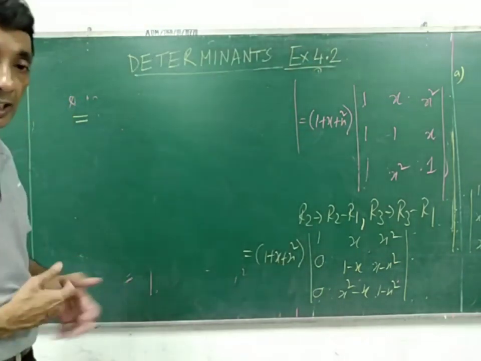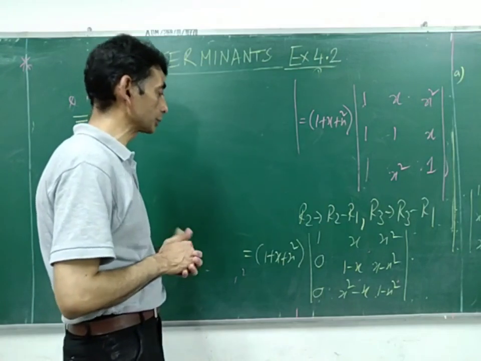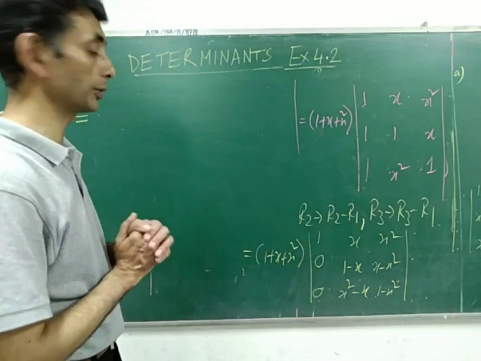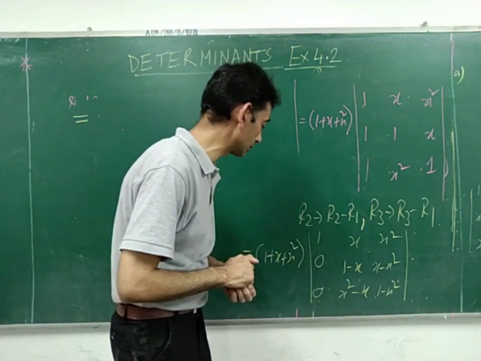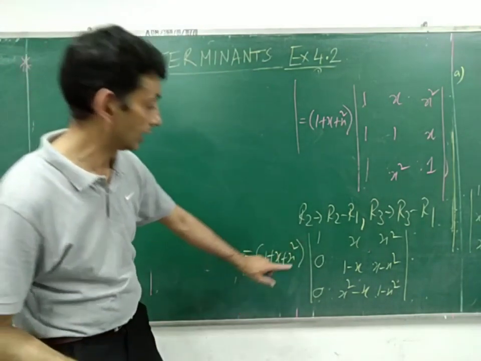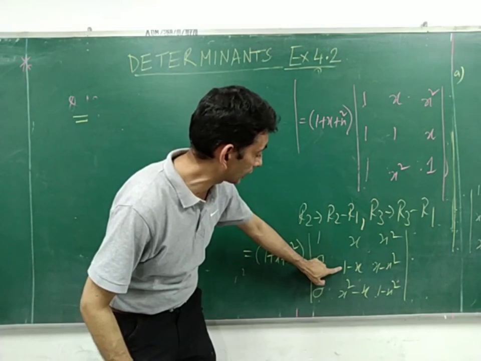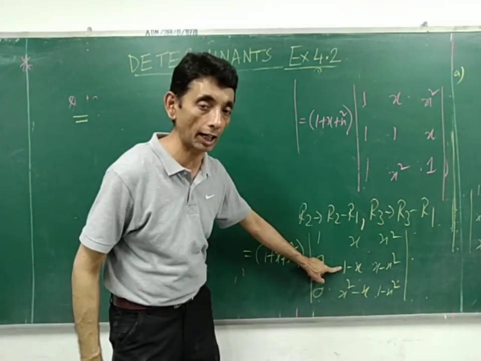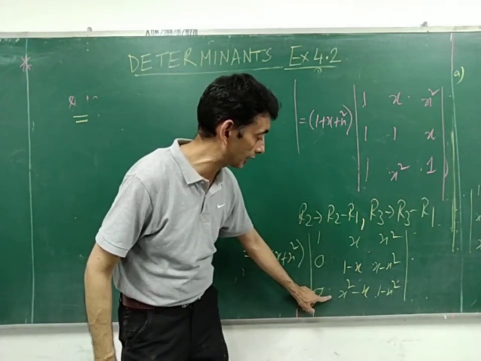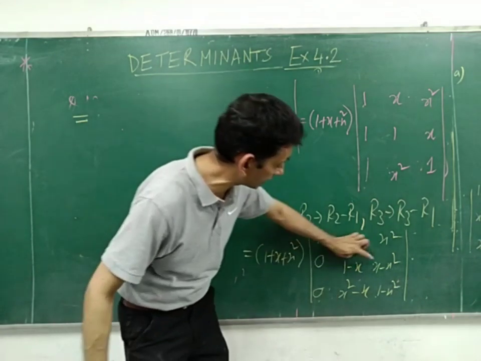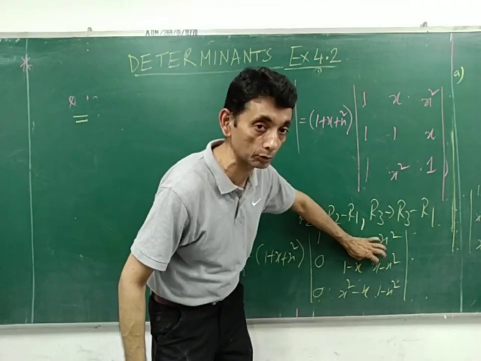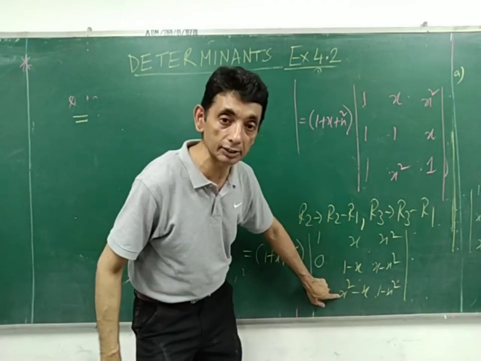Now we don't directly start the expansion. What simplification is possible? Can you compare these two rows, R2 and R3? In R2, what is common? You can take 1 minus x common from R2. From R3 also you can take 1 minus x common. Because if you take 1 minus x from the second row, what will be left out? Here if you take x common, what will be left out?